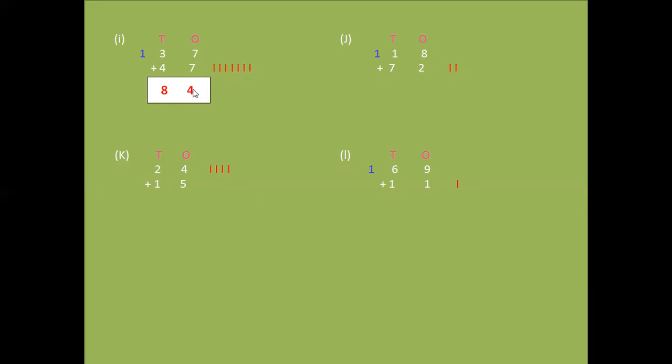So 14. So 1 right here. 4 plus 3, 7. Plus 1, 8. Answer is 84. 37 plus 47, answer is 84.